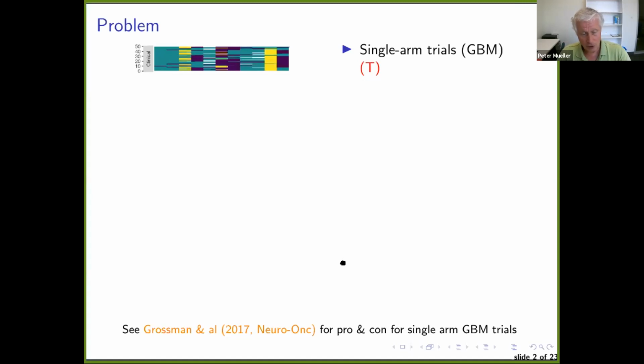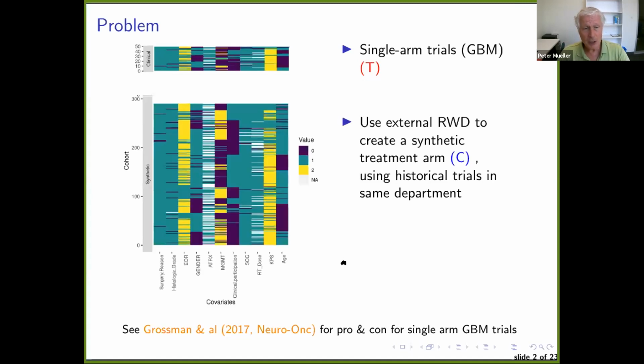And the issue arises: wouldn't it be nice if we could enrich that single-arm trial to a two-arm trial by adding a control arm, an artificial control arm? One option is to construct such a control arm on the basis of historical data. This is a single-arm trial going on in neuro-oncology at MD Anderson.